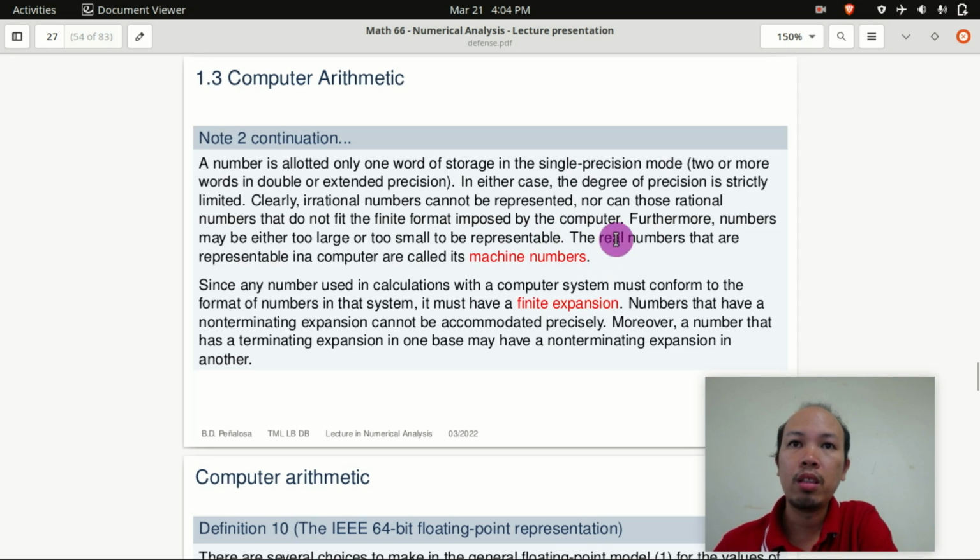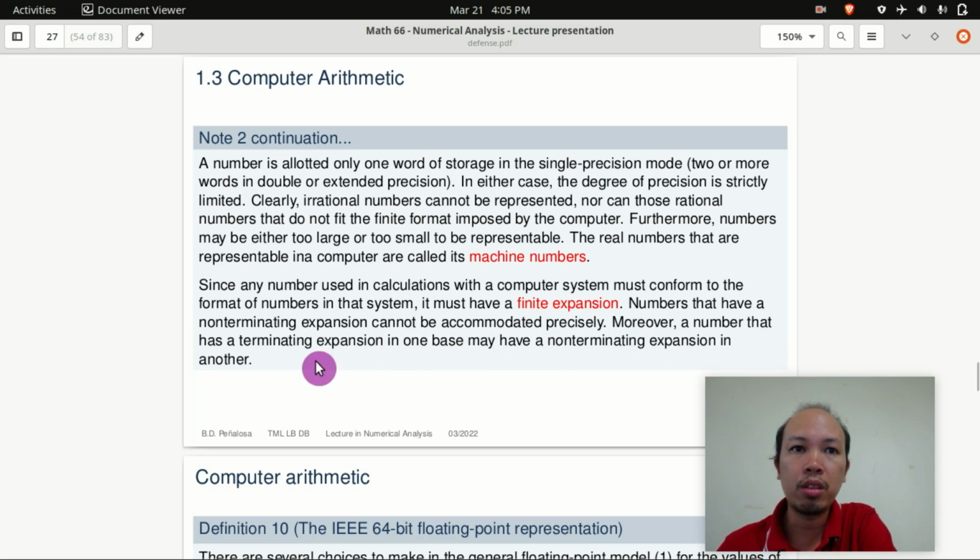Anyway, the real numbers that are representable in a computer are called machine numbers. Since any number used in calculations with the computer system must conform to the format of the numbers in that system, of course it has a finite expansion. So numbers that have a non-terminating expansion cannot be accumulated precisely. Moreover, a number that has a terminating expansion in one base may have a non-terminating expansion in another.